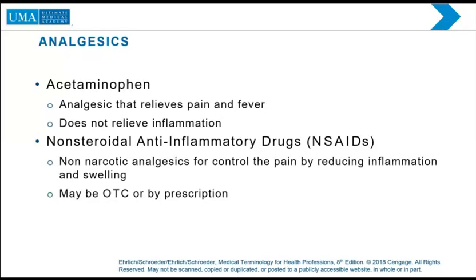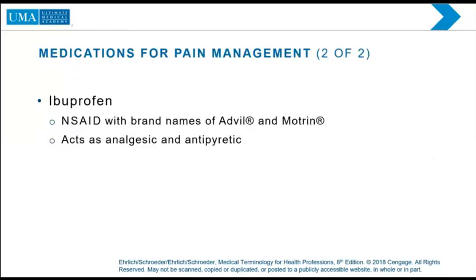Non-steroidal anti-inflammatory drugs are non-narcotic analgesics that relieve pain by reducing inflammation and swelling. May be over the counter or by prescription. Ibuprofen is an NSAID with brand names of Advil and Motrin and acts as an analgesic and antipyretic.